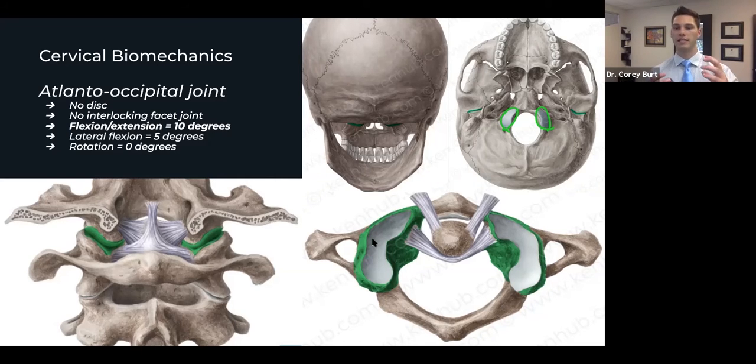They are connected by muscles, ligaments, tendons and other soft tissue, which we discussed a lot earlier. Now, you have two movements with this joint, and they're very limited. This is called the yes joint, because to say yes, you nod your head up and down.